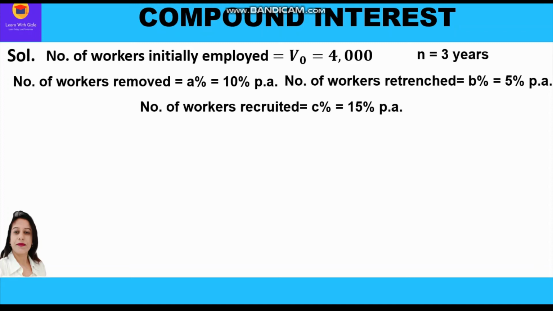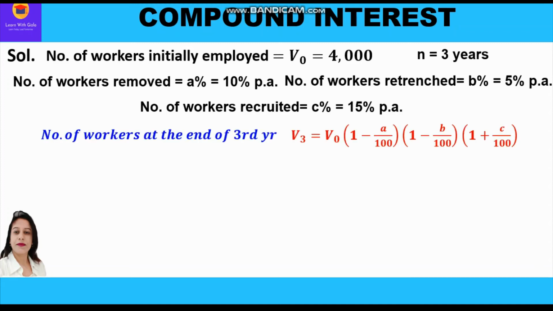Now the number of workers at the end of third year is given by the formula V3 is equal to V0 in bracket 1 minus A upon 100 into 1 minus B upon 100 into 1 plus C upon 100. Now in the first 2 years we have used a minus sign because there was removal and retrenchment.